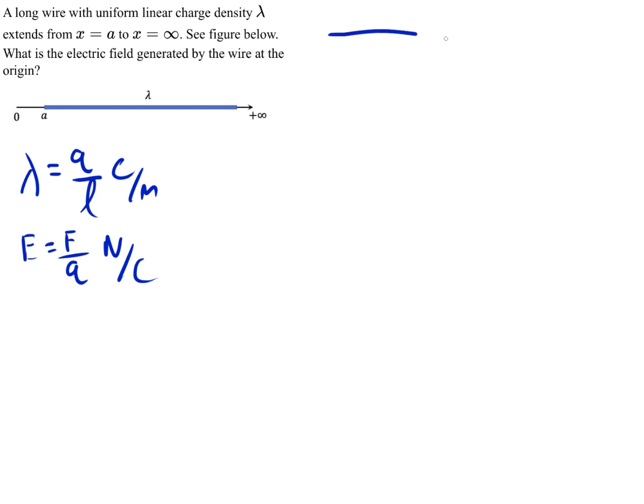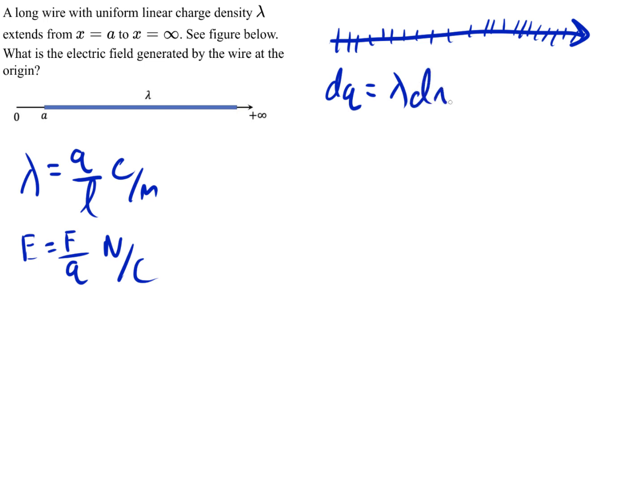So if we draw a wire that has an endpoint and extends to infinity, like a ray, and we split that into an infinite amount of infinitely small pieces, then we can say that each infinitely small charge at one of those places is equal to the charge density times each infinitely small point.